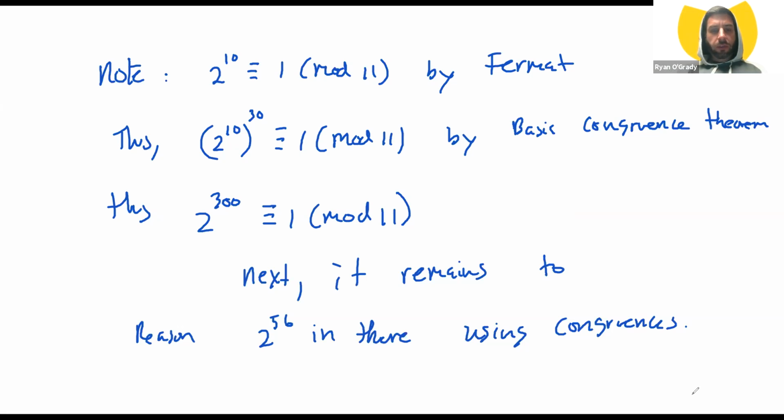So what this tells us then is 2 to the 356 is congruent to 2 to the power 56 mod 11.